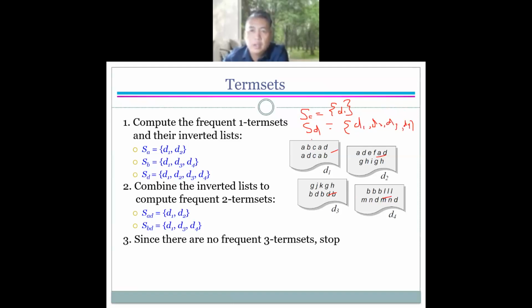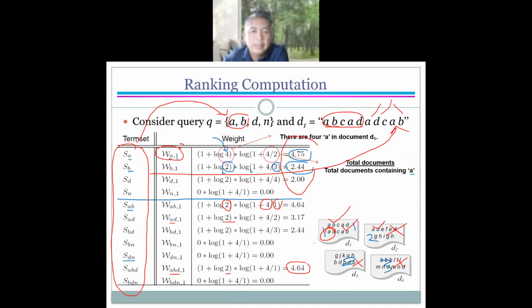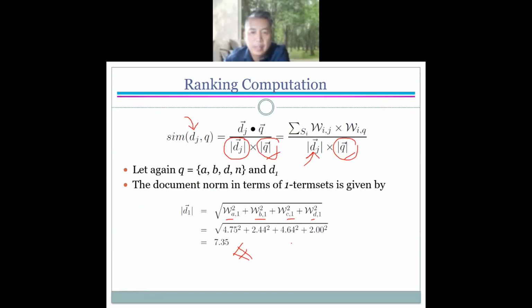Okay, so to compute the weightage, we follow this calculation. Meaning we will see how many C here, how many C here and how many D here, and then times the IDF. Okay, so that value is this one.